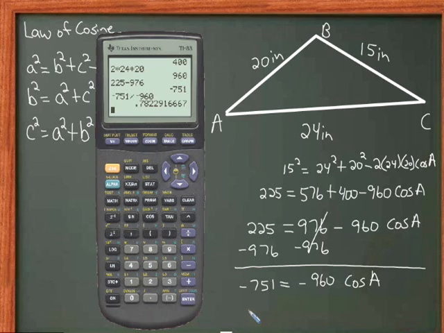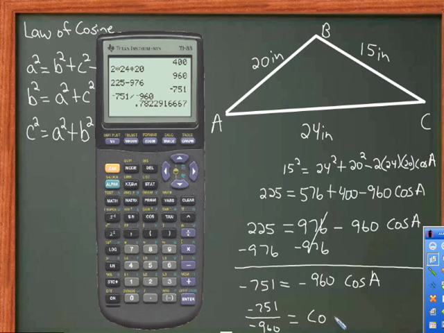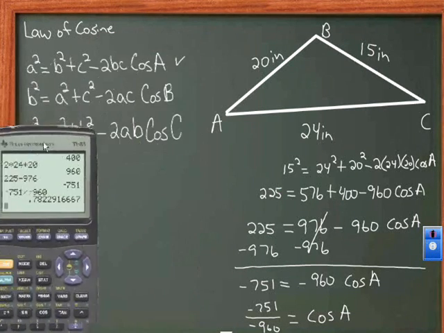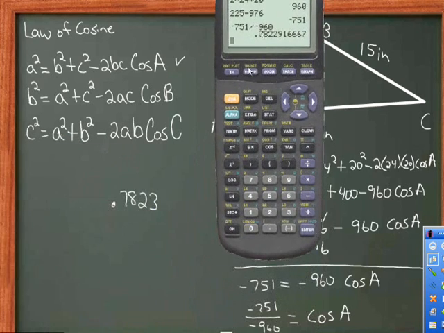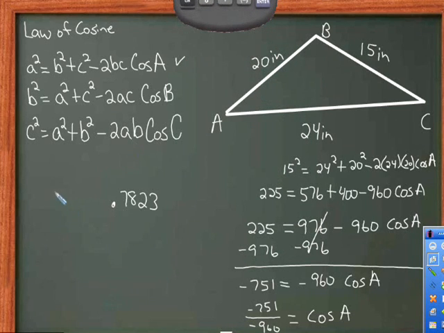Let me write that step here: negative 751 divided by negative 960 is equal to cosine of A. We entered this in the calculator and we got 0.7823, and that's equal to cosine of A.